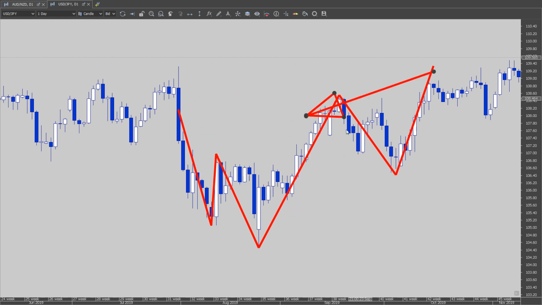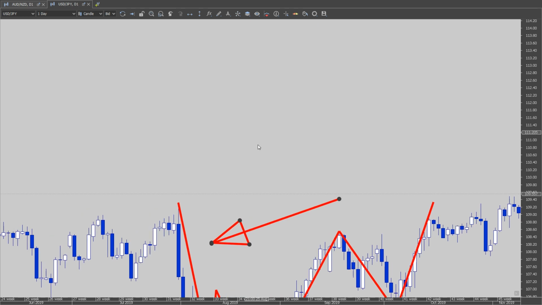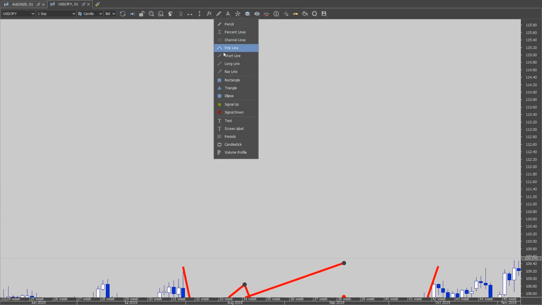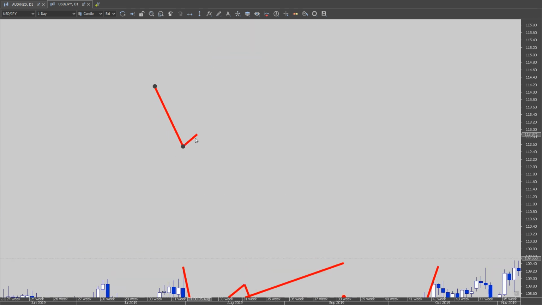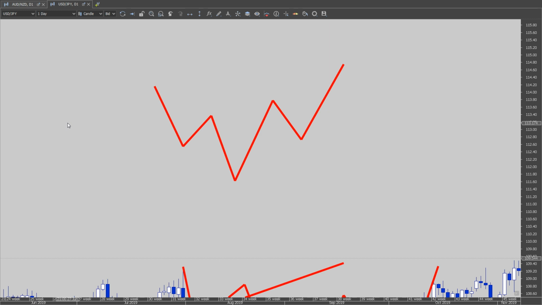So you cannot draw a crown reversal like this, everybody. You must connect the lines with the highs or the lows. Very basic stuff. You have a high, you have a low, then you have a higher high, higher low, higher high. When you are drawing a crown or a crown reversal, this must be a high: center candle, 2 candles on the left, 2 candles on the right.